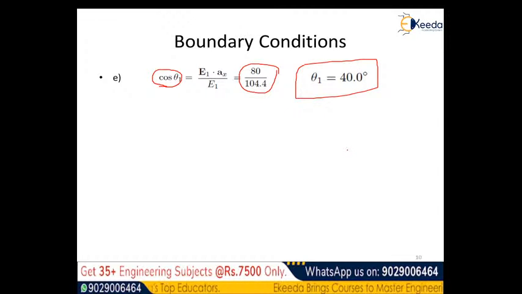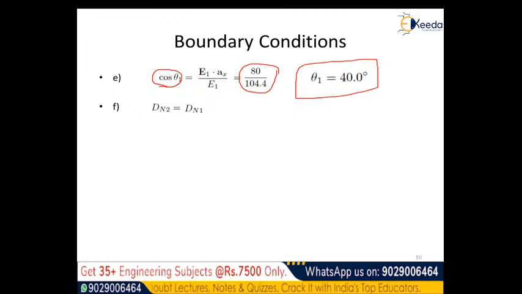Okay. Now we are going to have the solution for part F. In part F, we require the normal component of electric flux density in region 2. As per the boundary condition, the normal component of the electric flux density is continuous across the boundary. So it means Dn2 is equal to Dn1. So we require the value of Dn1.